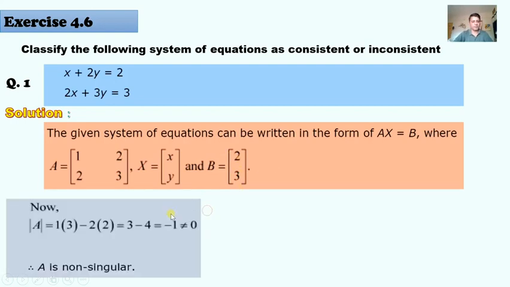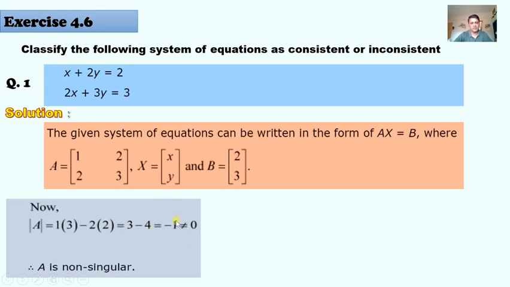In this question you have to check whether the system is consistent or inconsistent. That's all, you need not solve it. So we find the determinant of A, which is 1 into 3, minus 2 into 2, that is 3 minus 4, equal to minus 1.